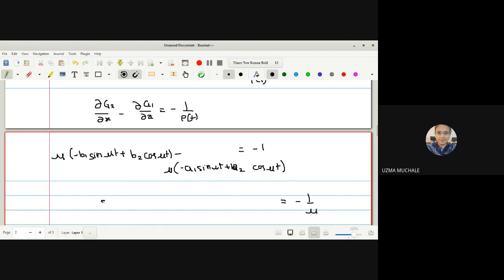If I take sin mu t outside, what remains inside the bracket is minus a1. This minus minus becomes plus, it is a1. Plus, if I take cos mu t outside, this is b2 minus a2.